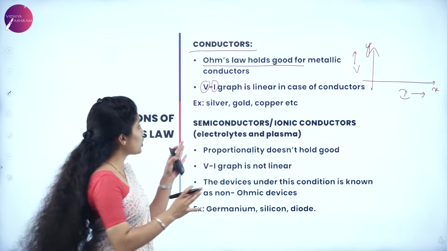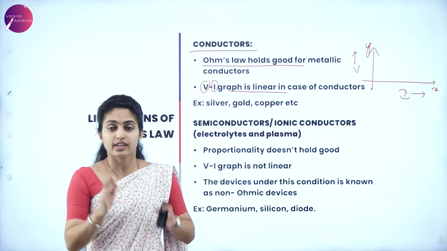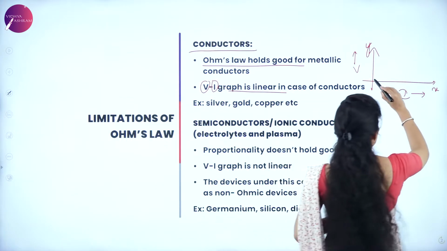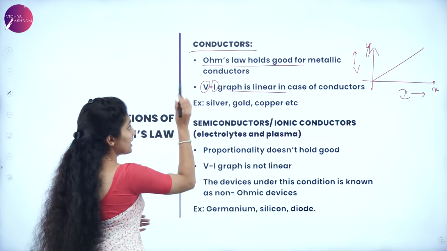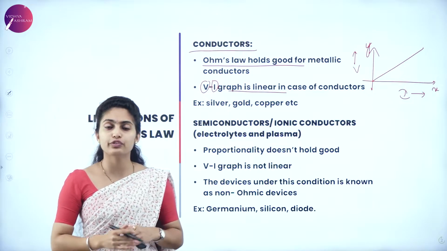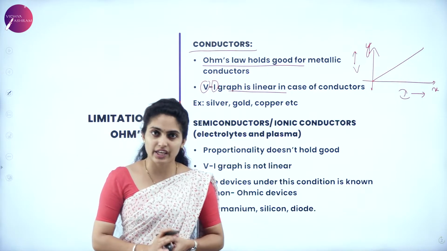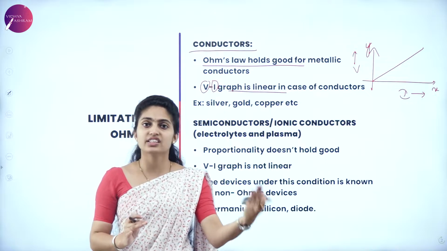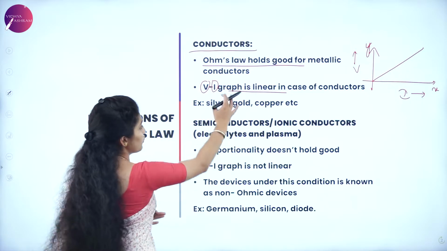So it is said that the VI graph is linear in case of conductors. That is why it is said, so this is the linearity condition. That is why Ohm's law holds good for metallic conductors because of its linear variation. That is, as the current increases, the potential also increases. That is what is given over here.